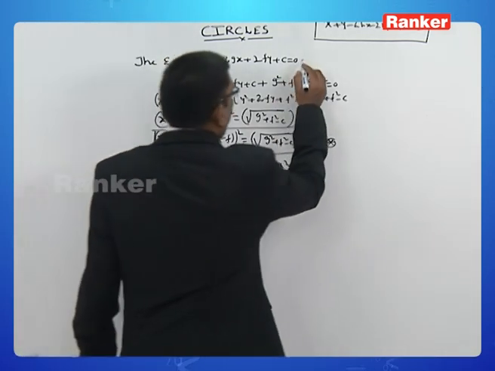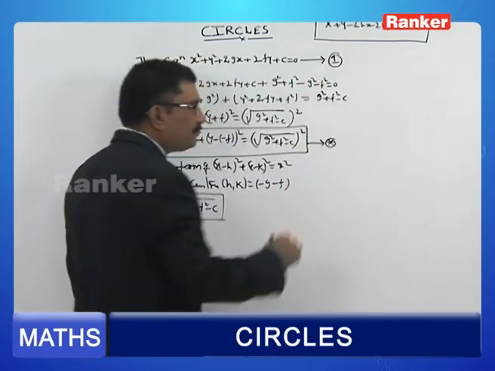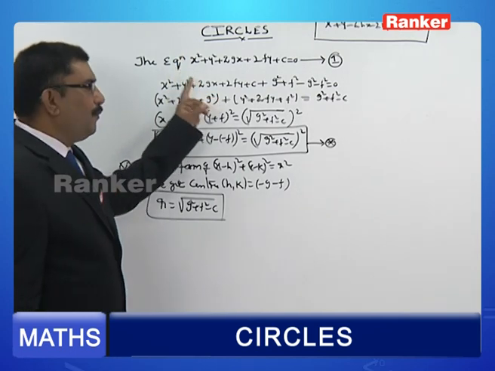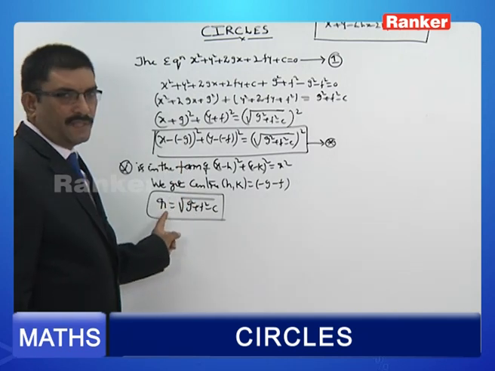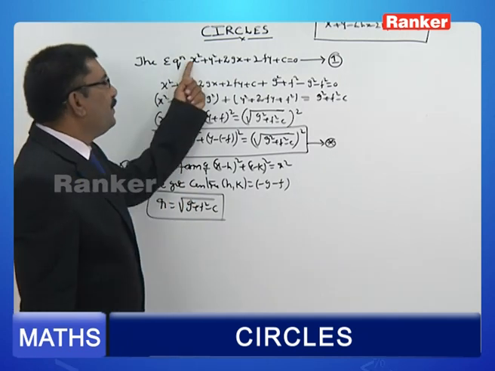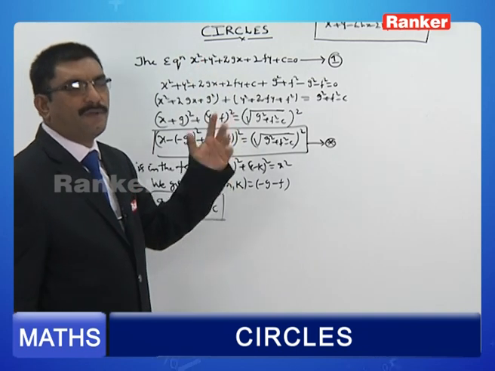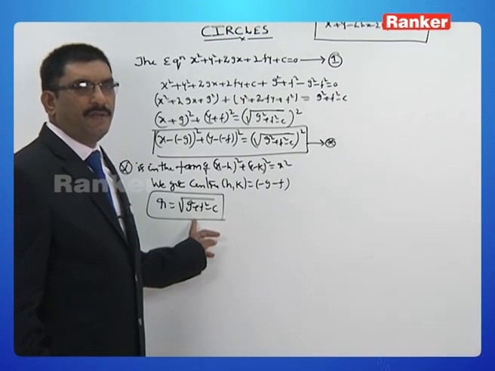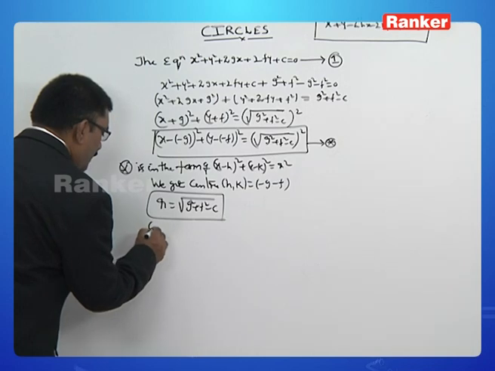Now if I consider this equation as 1, we have proved this equation represents a circle. Why? Because the coefficient of x square and the coefficient of y square are equal, and it has the radius square root of g square plus f square minus c. Now we have a discussion.